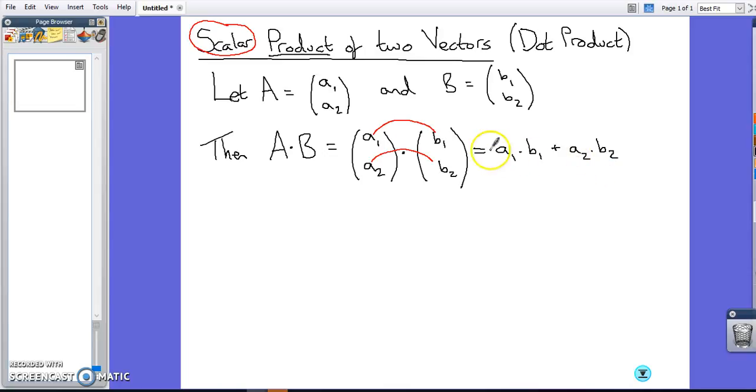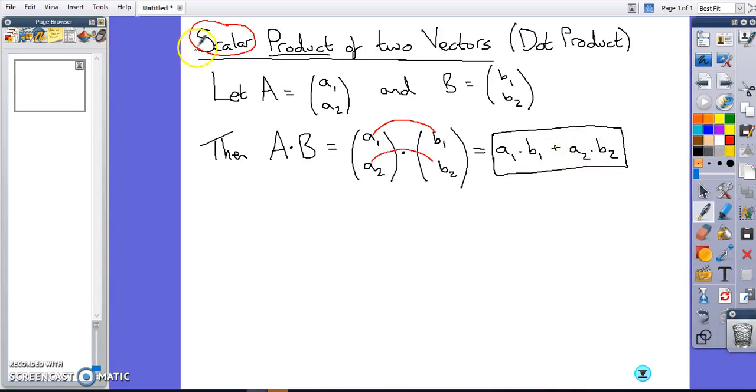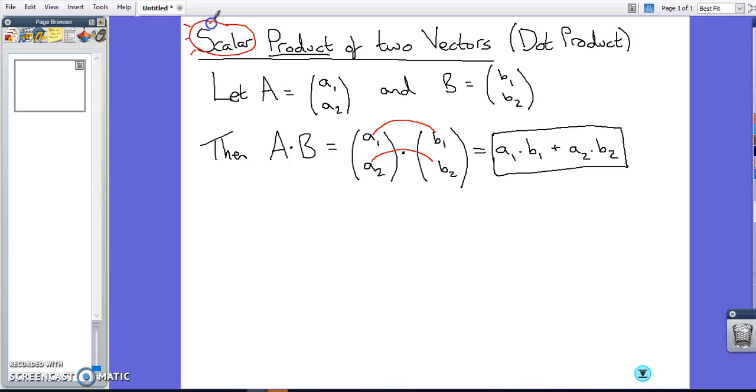And you'll notice that the answer that we get doesn't look very much like a vector. And that's because it isn't. Because these components are all numbers, we're just multiplying some numbers together and then adding those numbers. And so you should realize now that the reason why this is called the scalar product is because your answer is a scalar, not a vector anymore.